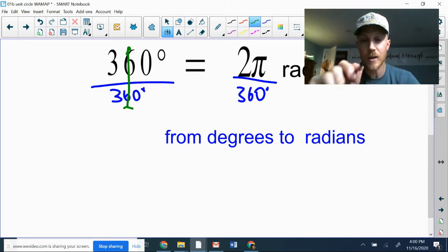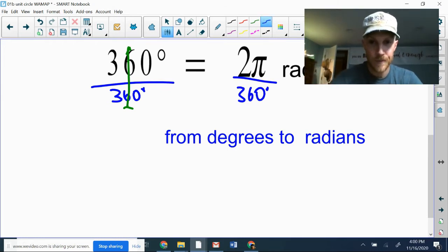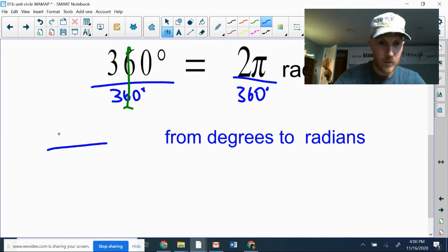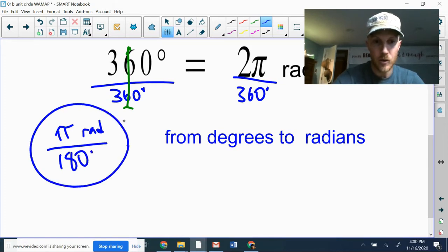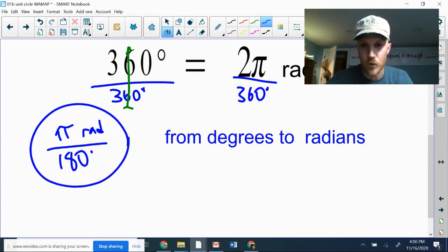And then on the right-hand side, that's our conversion factor. So 2 pi radians divided by 360 degrees. I'm going to reduce the number part, the 2 and the 360. That's just a big fraction. So pi radians over 180 degrees. There's our conversion factor to convert from degrees to radians.